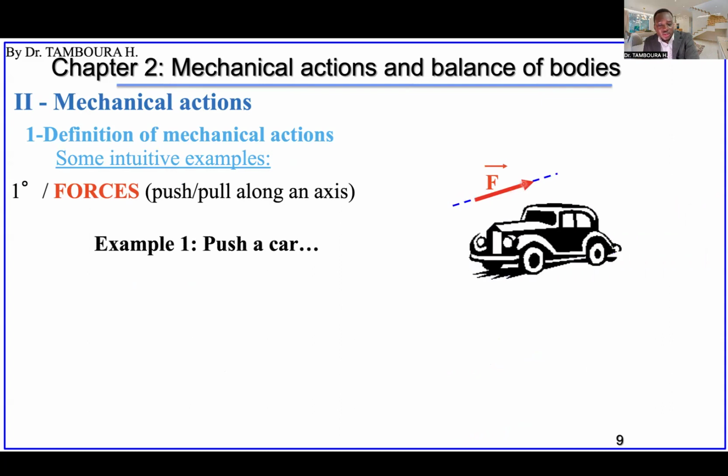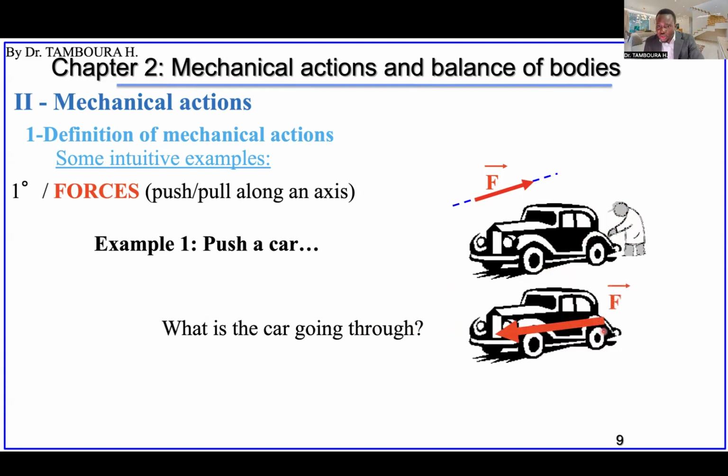One example is when you are pushing a car, for example. This is a car, and maybe you want someone to push your car to be able to start the engine. So when this person is pushing the car, what is the car going through? This force will be acting on the car, the force that this person is using to push the car.